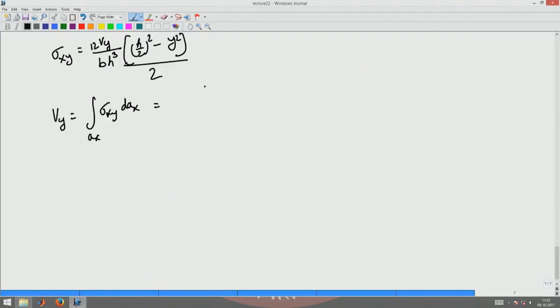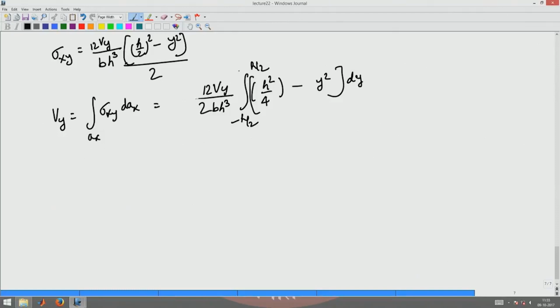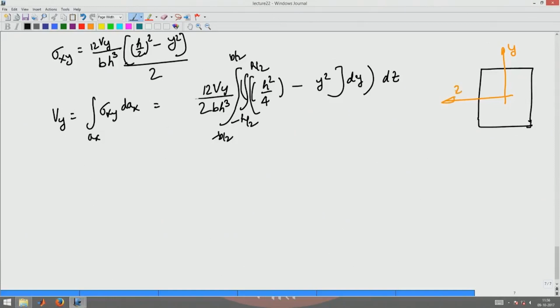So, this will be 12 Vy by 2 Bh cube integrated over h square by 4 minus y square dy integrated from minus h by 2 to h by 2, this entire thing integrated over dz from minus b by 2 to b by 2, because I am looking at a rectangular cross section with this as y and this as z.